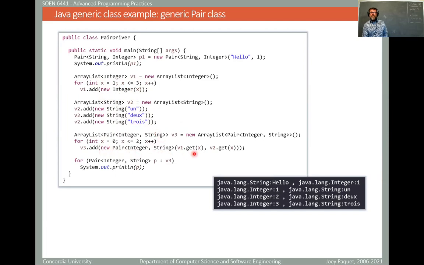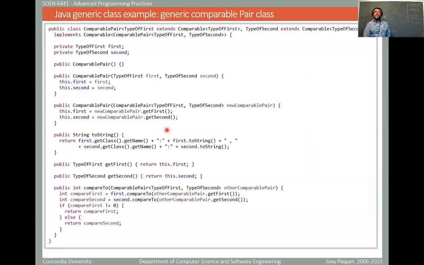That's what this does here. Then I'm printing them out. So essentially I'm putting 1, 1, 2, 2, and 3, 3, respectively all integers and strings, right?